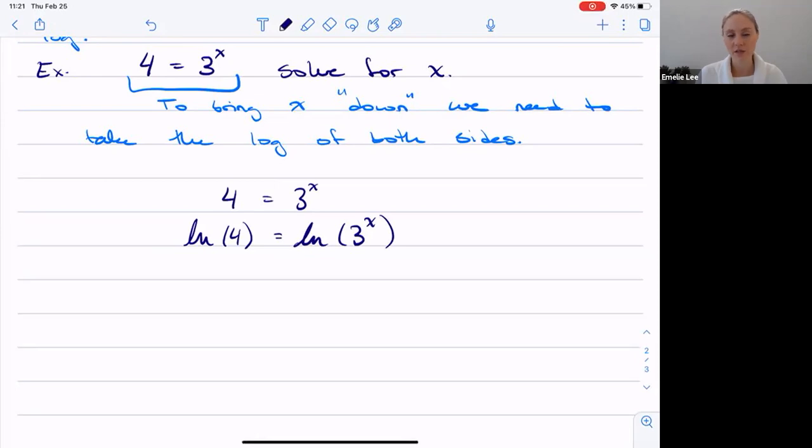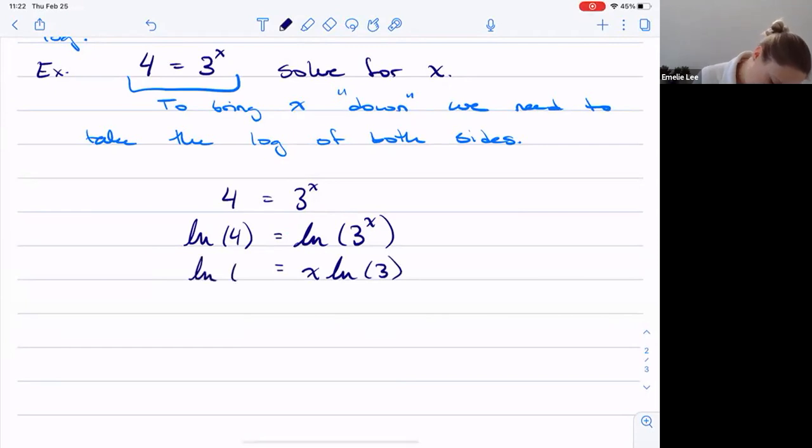If you wanted to, you could even skip, but this is our first example, so I'm not going to jump right to it. But in the future, when I take the log, I'm actually going to bring that x down immediately. So I'm going to skip to this step, x times the log of 3. So the log of 4 is equal to x times the log of 3. Usually I'll just skip straight from the first step to this third step, because that is why I'm taking the log.